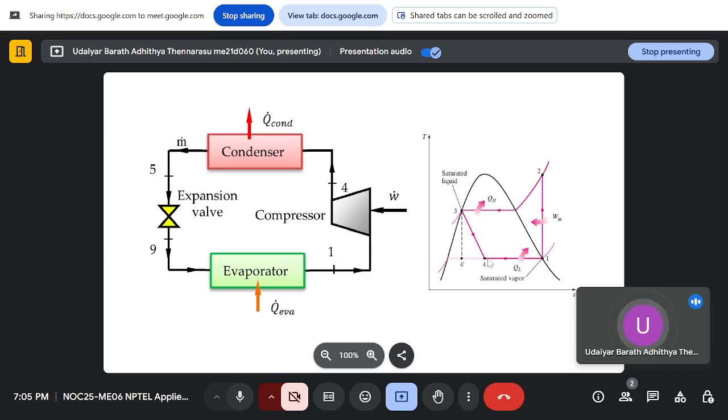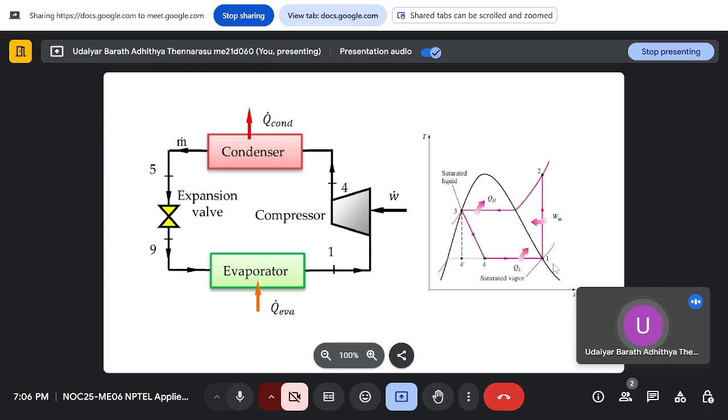Then we are doing 4 to 1, where the heat is taken in, so the heat addition. What this does is it cools whatever space is required to be cooled. So cooling is provided between 4 to 1. This is a constant pressure process.